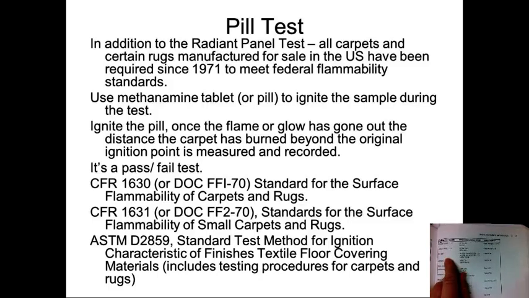Now, you're going to see in here the pill test. It has 16 CFR 1630, which is also DOC FF1-70, and you're going to see, of course, the 16 CFR 1631, DOC FF2-70, and the ASTM D2859. Now, you're saying, how am I going to remember all these numbers?